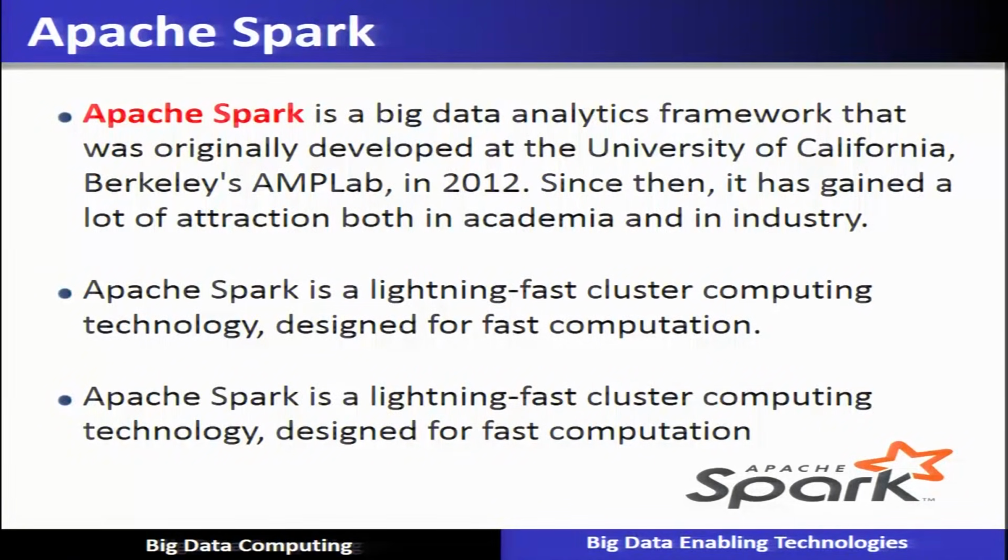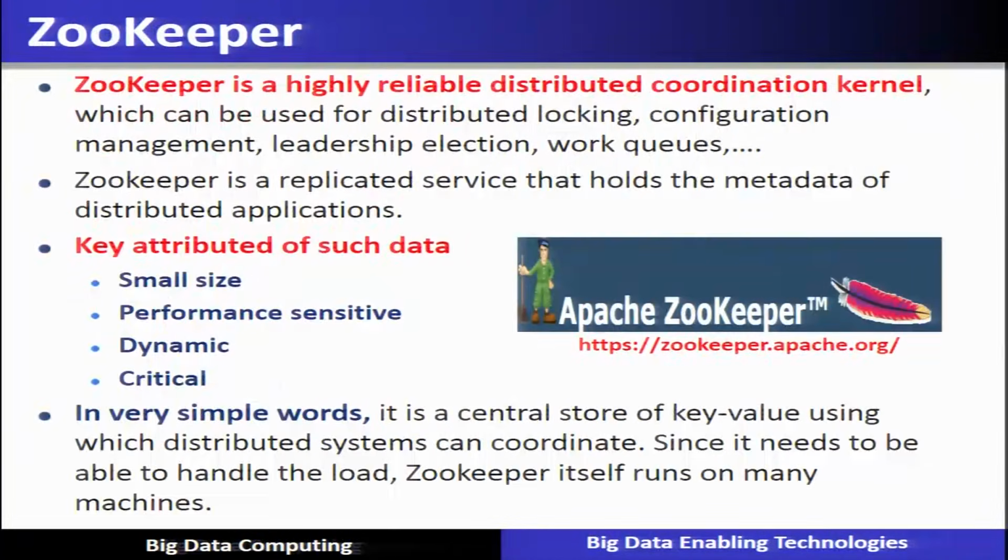Several applications like stream processing, machine learning, and large scale graph processing are already implemented over this Spark core. To manage these different projects, which number more than 100, there is a centralized service called Zookeeper.